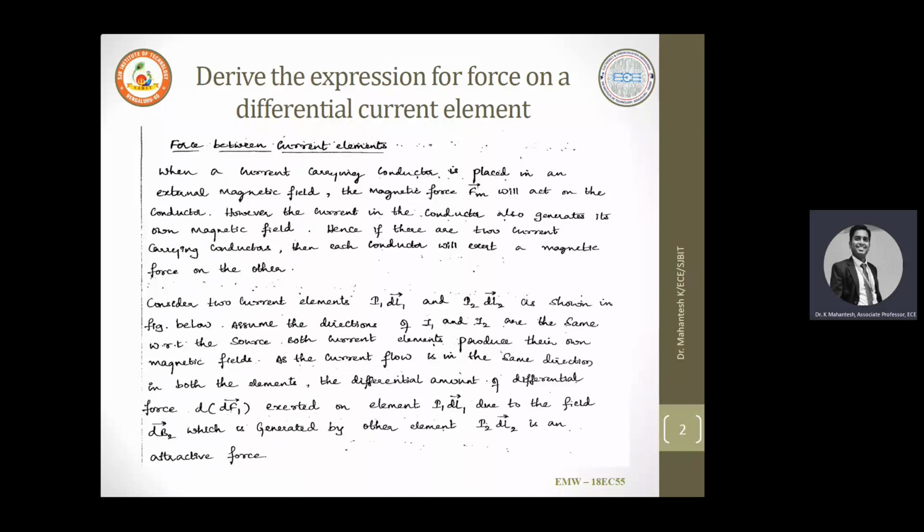Now let us consider the two current carrying conductors I1 dl1 and I2 dl2. They are differential current elements as shown in this figure.